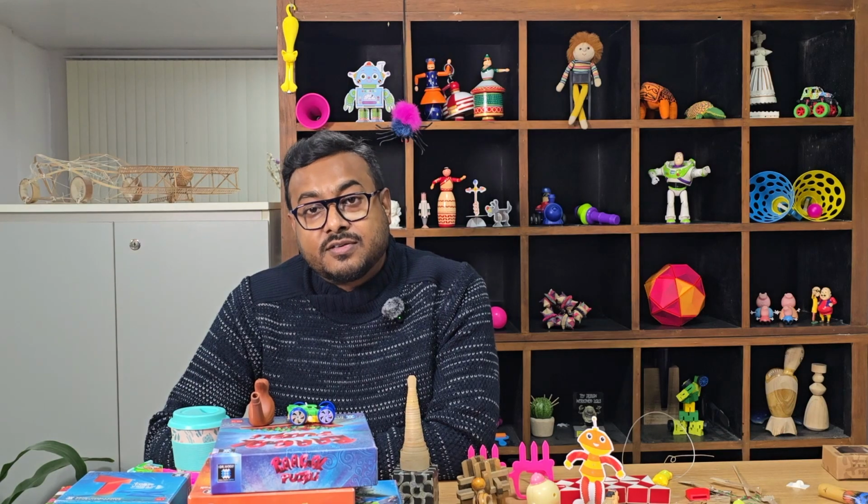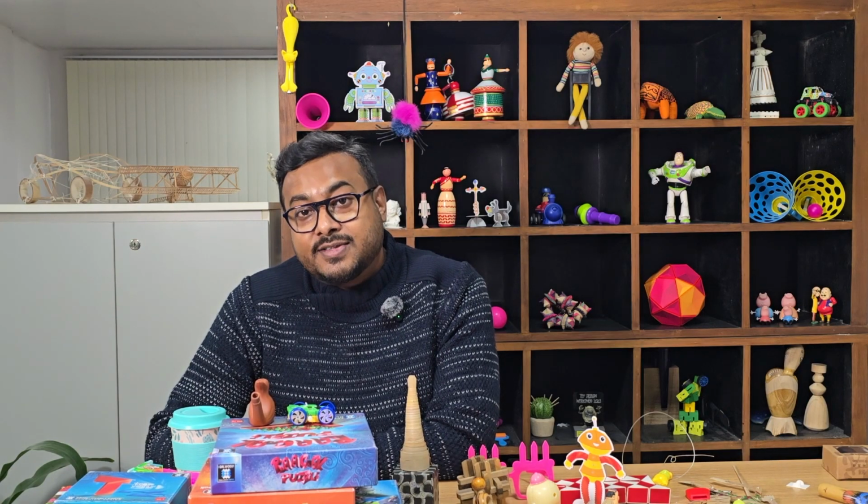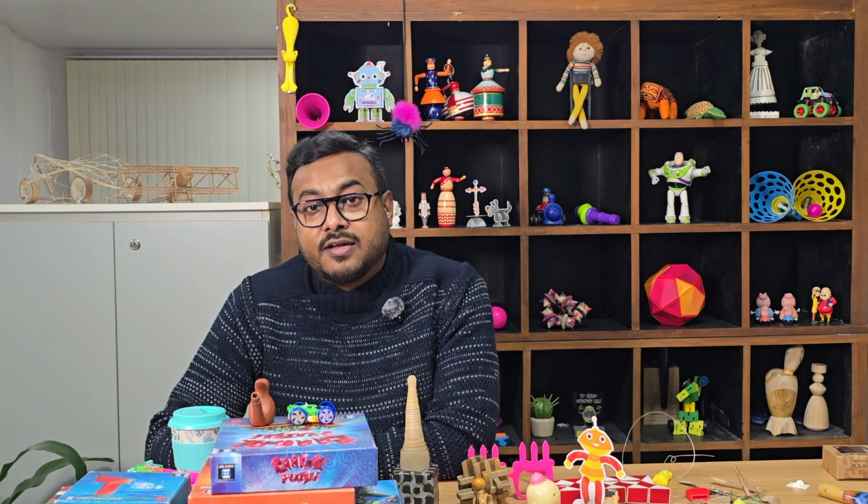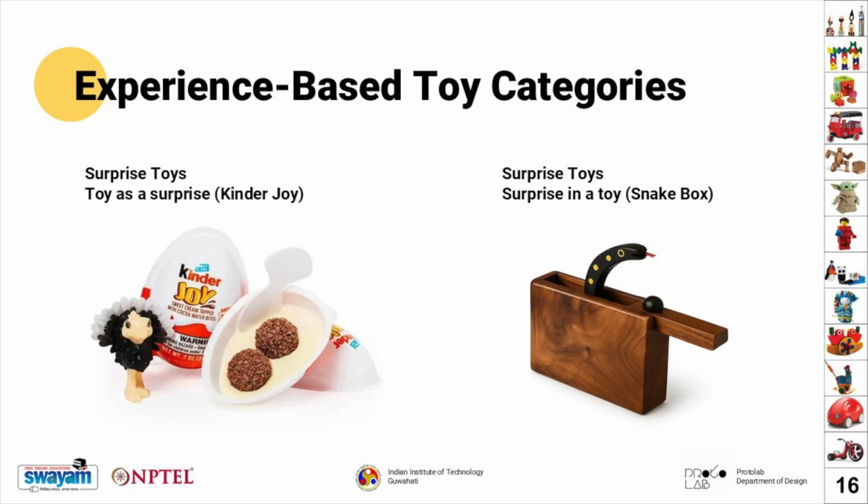There are two distinct types within the category. First, toy as a surprise. Here, the entire toy is the surprise. For example, in the case of Kinder Joy, the child does not know what toy object they will receive as a surprise.